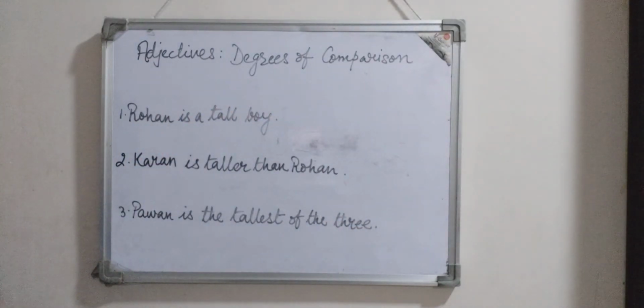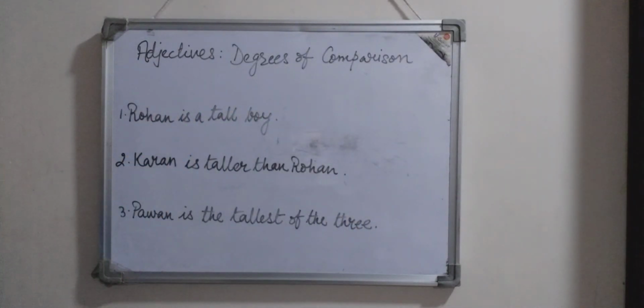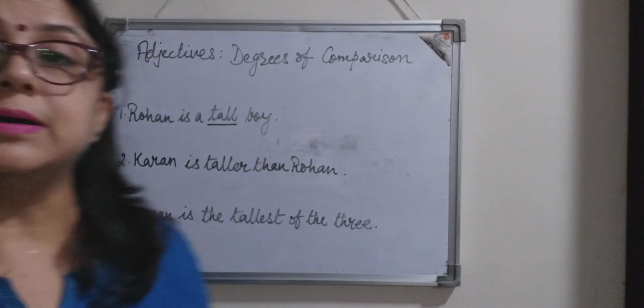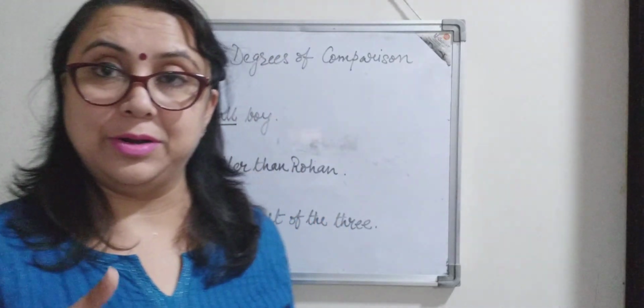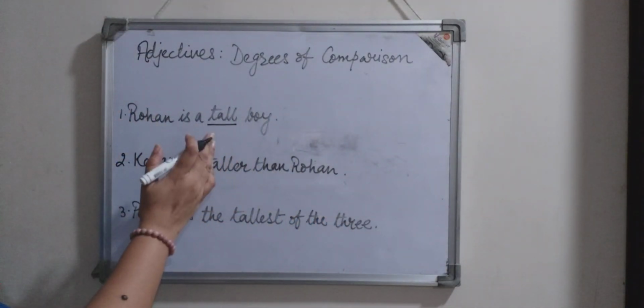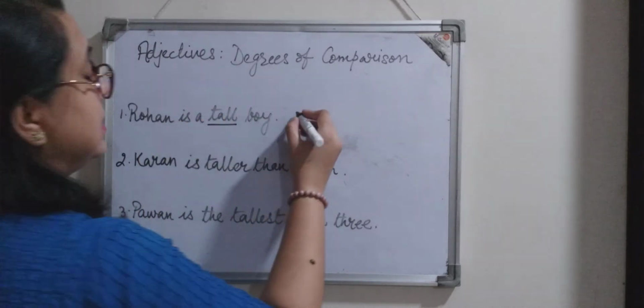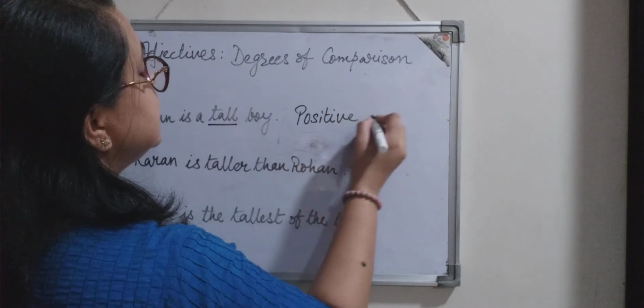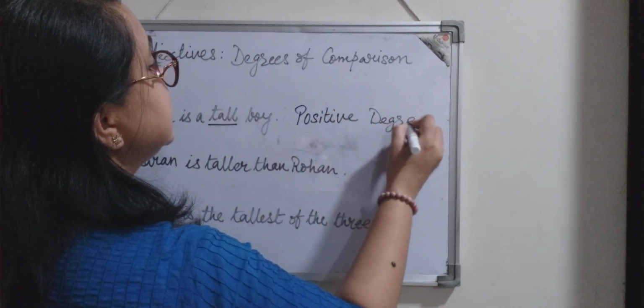So Rohan is a tall boy. Here only the quality is mentioned and no comparison is drawn, right? So tall, here we would say that the adjective tall is in positive degree.